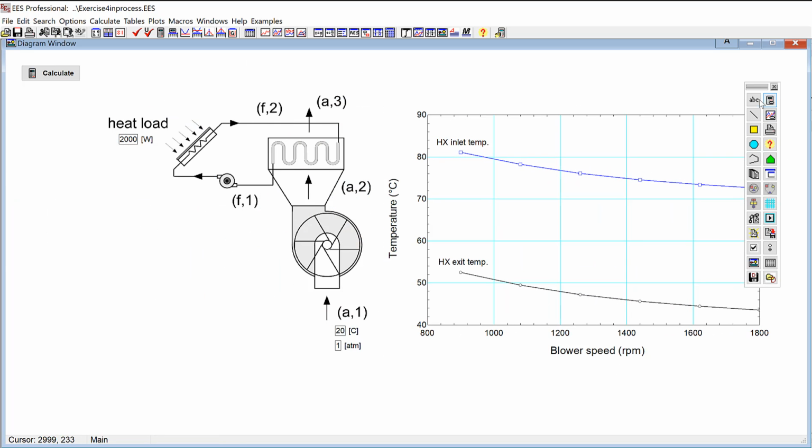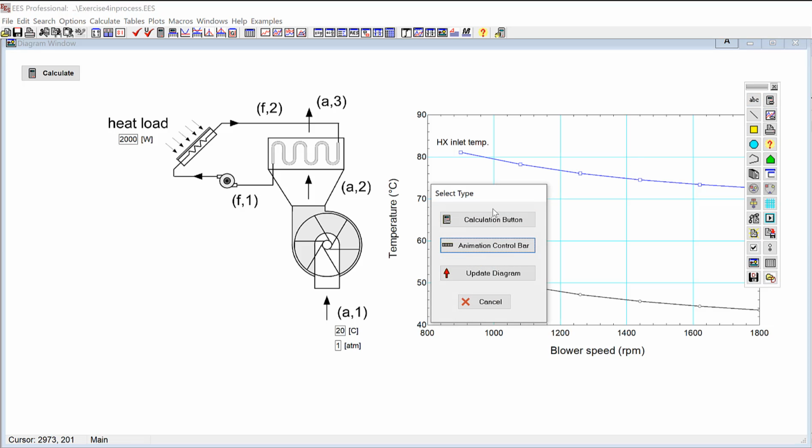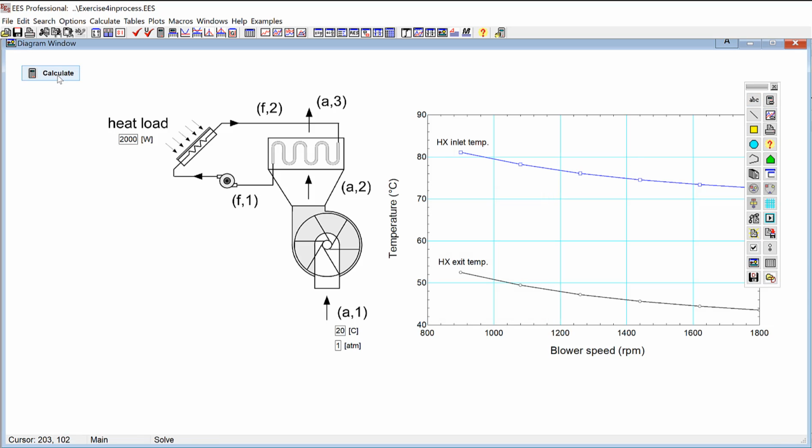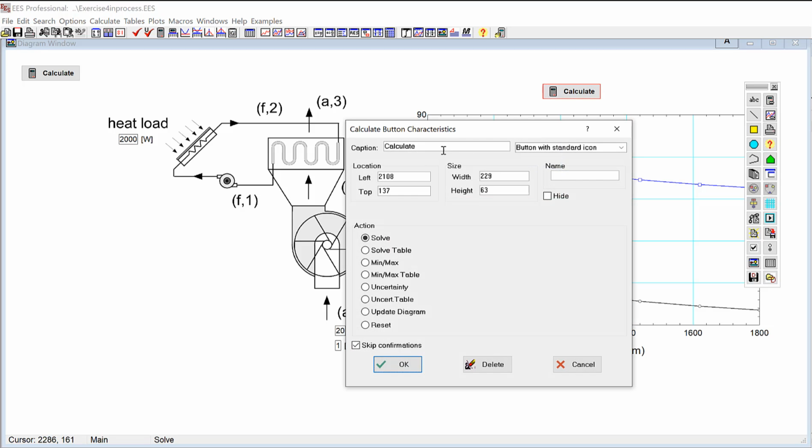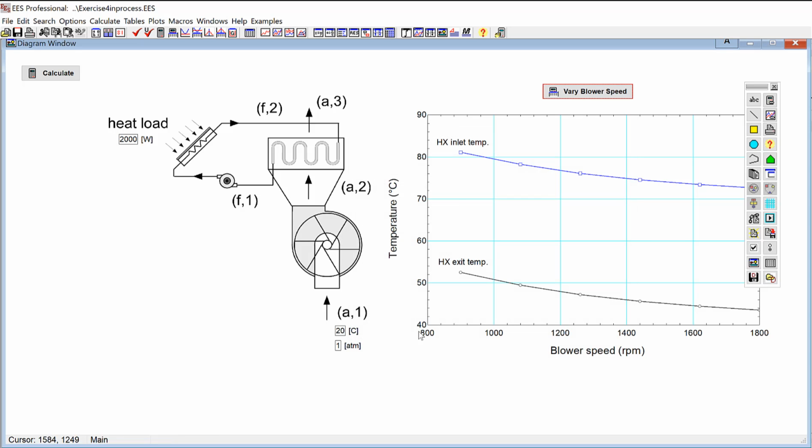Okay, and I probably also want to add a calculate button that runs the parametric study. So instead of calculate, maybe I'll call it vary blower speed. And instead of solve, we'll make this do solve table. And skip confirmations and hit OK.